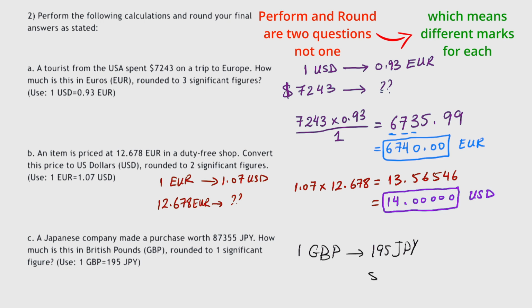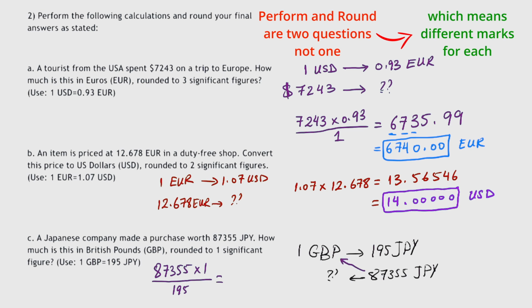So 87,355 Japanese yen will give me how much? Again, applying the same method as if we are cross multiplying, we're going to have 87,355 Japanese yen times 1 divided by 195. So we multiply this by this, and then we divide by the third number.